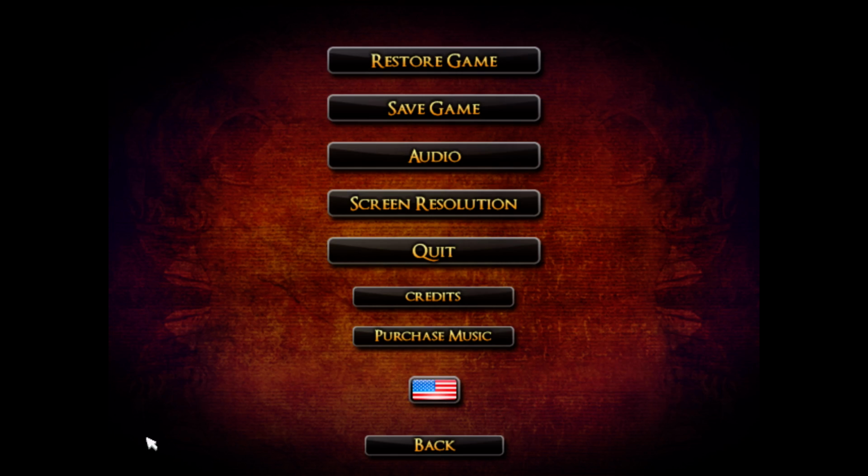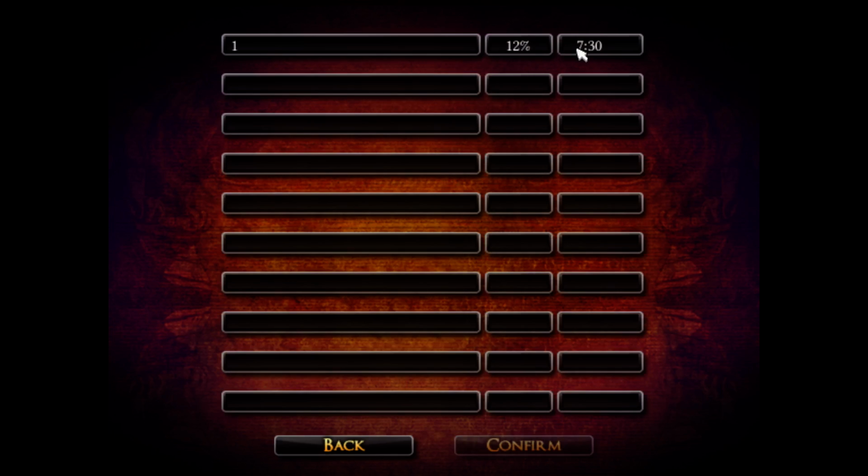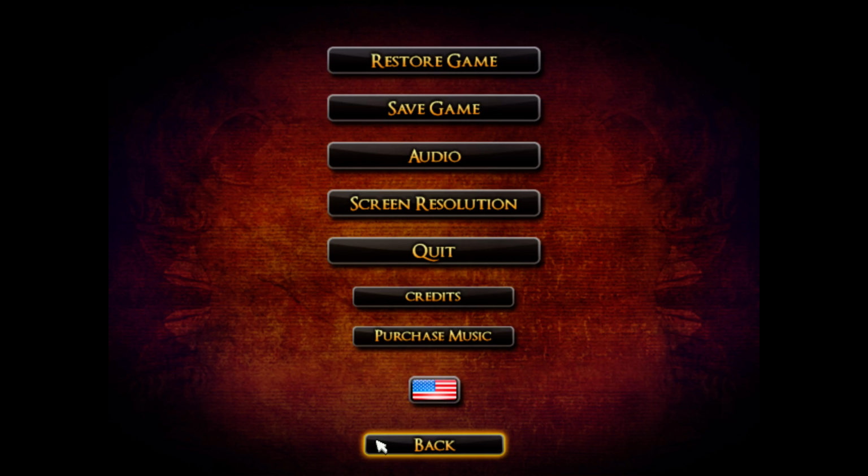That's a mistake, because I left the game running. But 12% of the game done, and the original game wouldn't have had any of that. So when you're talking a director's cut adding 12% of a game, you're talking like an hour and 30 minutes of extra gameplay we got out of that. That's quite a lot.